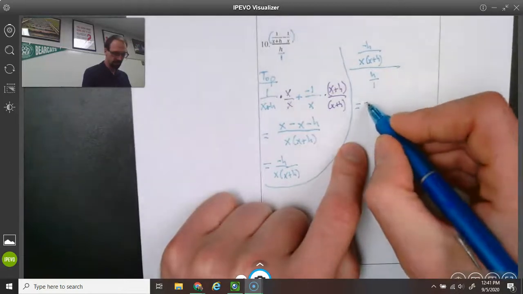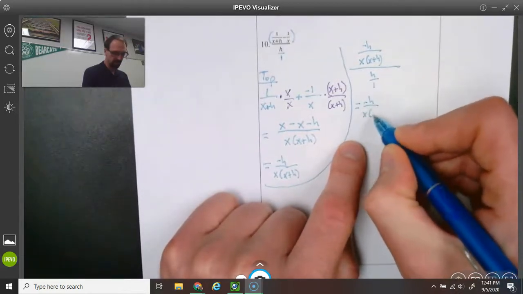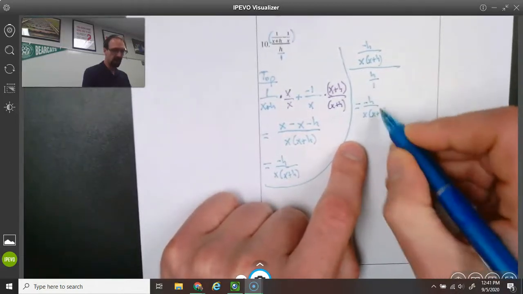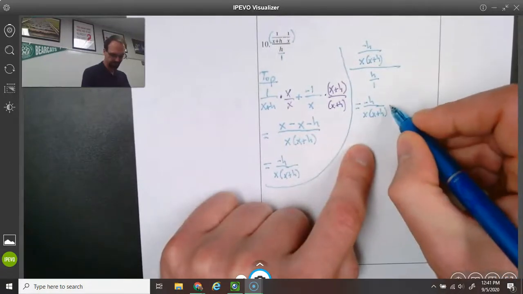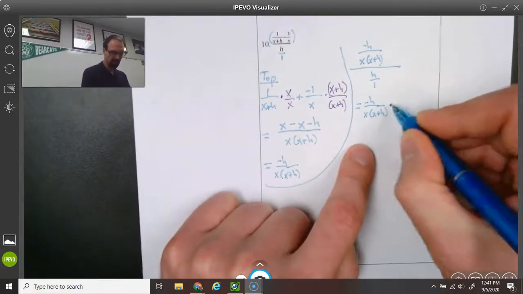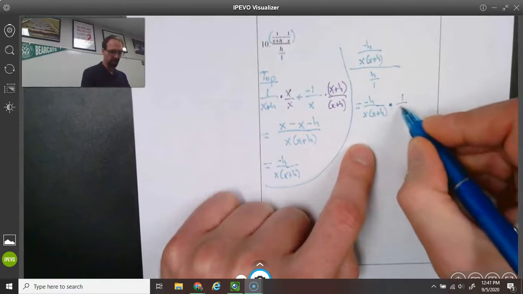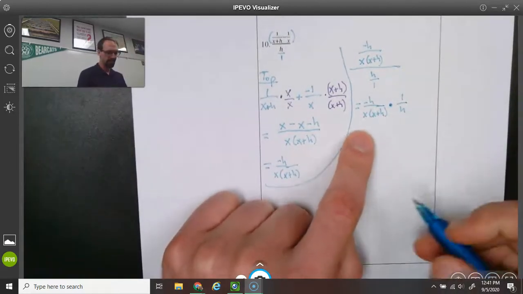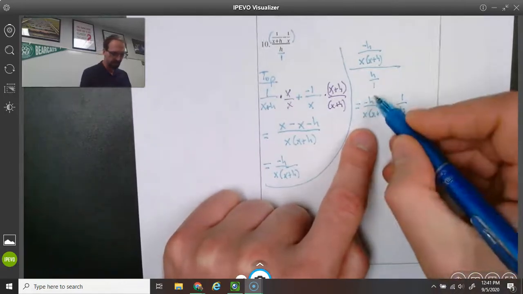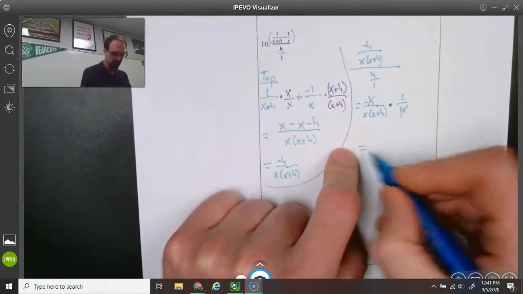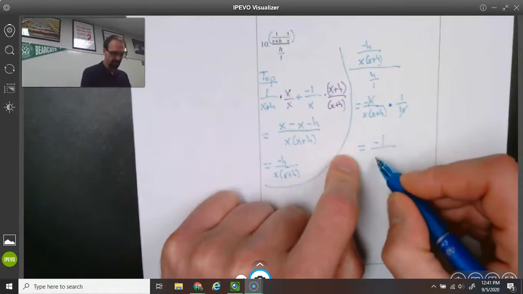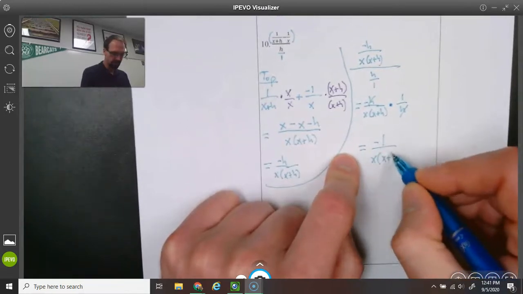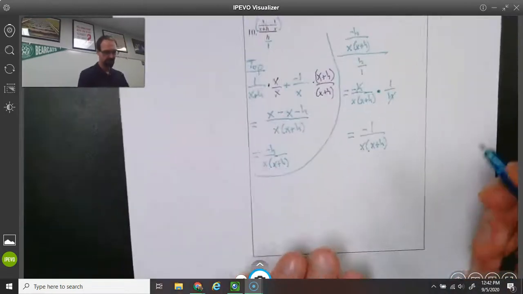So now I have negative h over x times x plus h, and then I'm going to go ahead and just multiply through by 1 over h. So I've gone through and done the reciprocal. I've done that part. So now I can simplify. Looks like these h's cancel. And we're left with negative 1 over x times x plus h.